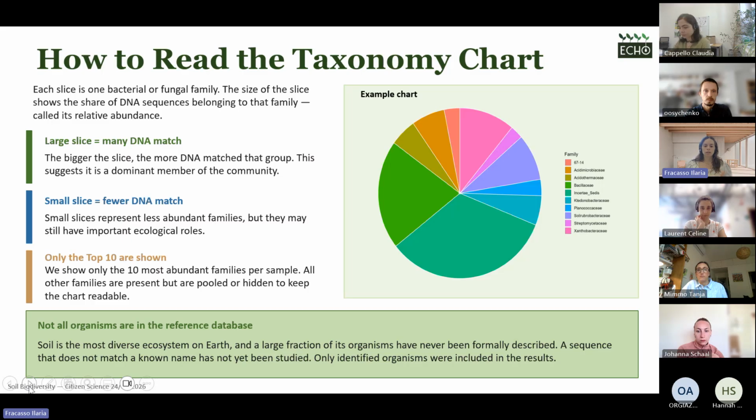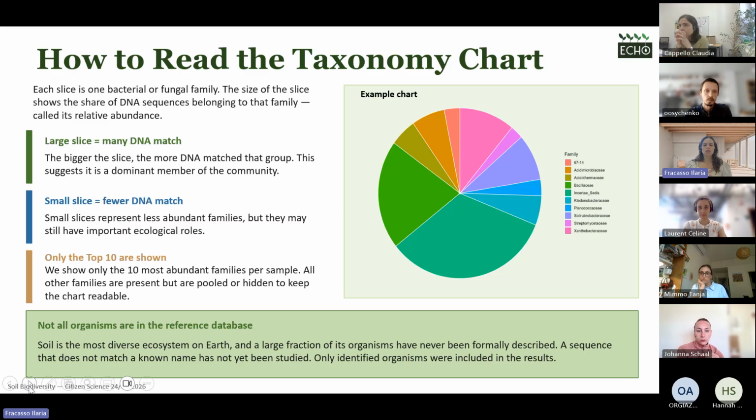What I would like to highlight is that in this chart we decided to represent only the identified organisms, because of course at the moment we don't have information for all the bacteria and all the fungi present on our planet. So some of them are still unclassified, unidentified. We decided to present here just the organisms for which we have some information.